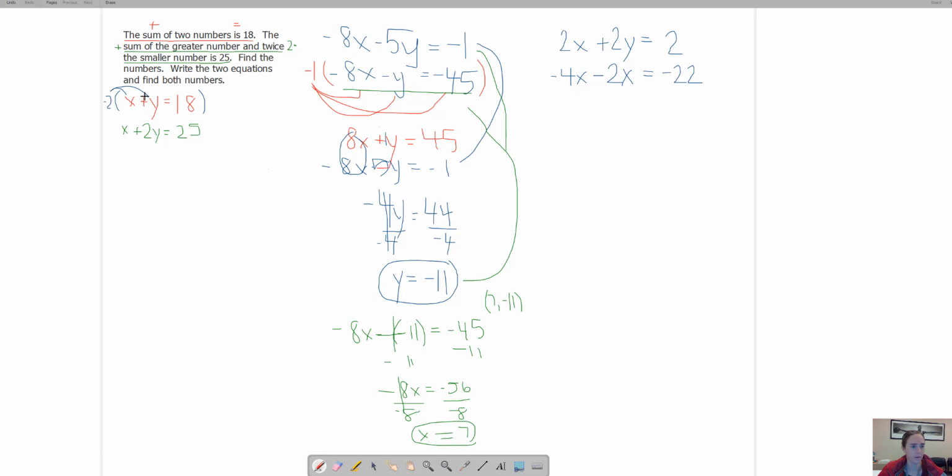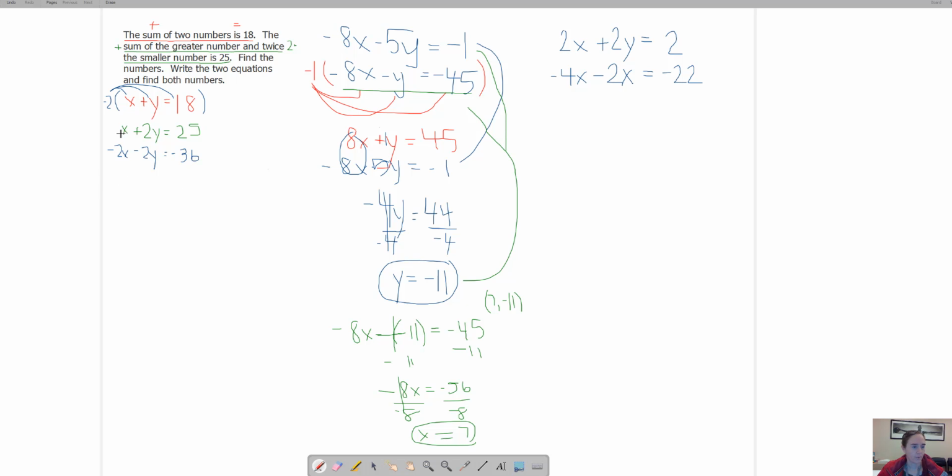So I'm going to multiply it all the way across there. So that's going to give me -2x minus 2y equals -36. Okay, and don't forget to multiply this last number. So a lot of times people forget that, and that will throw everything off.